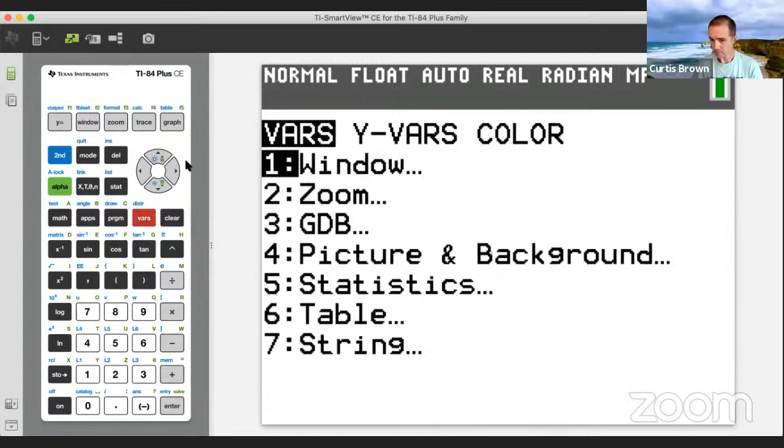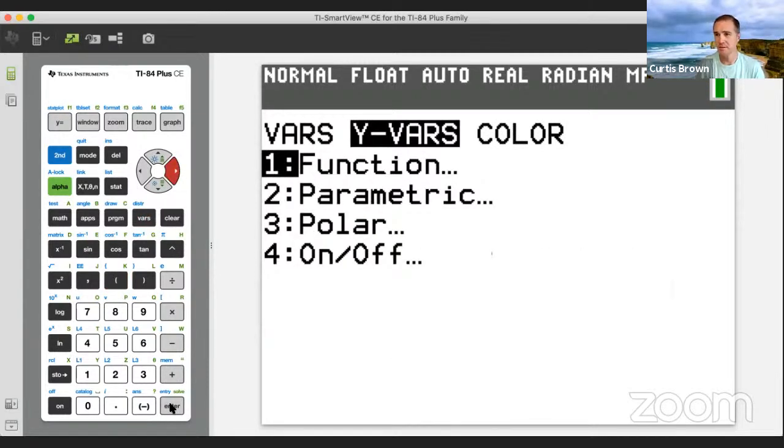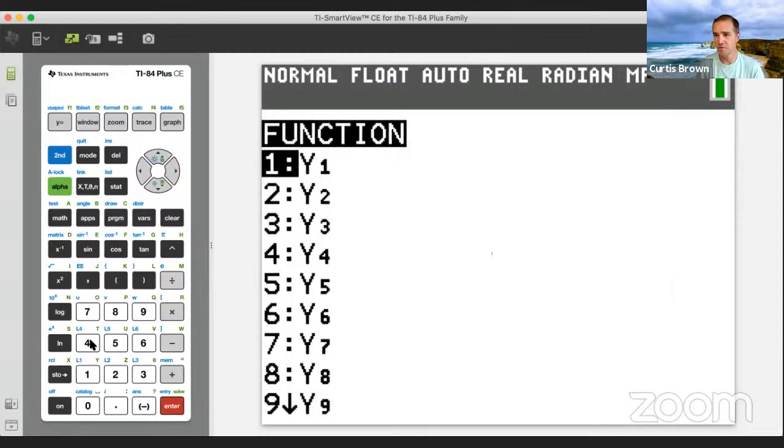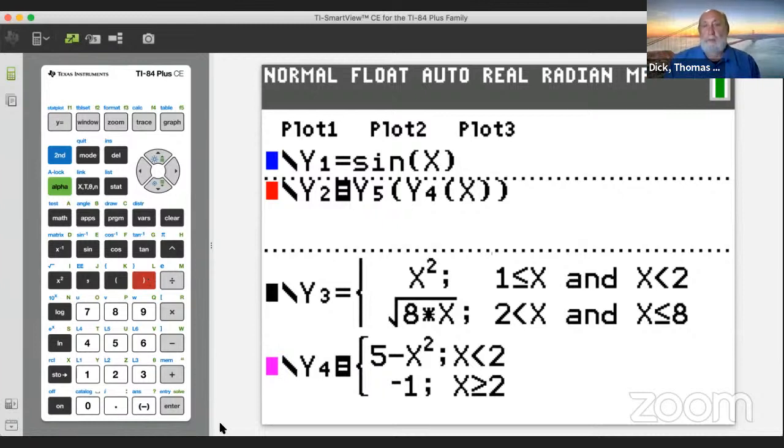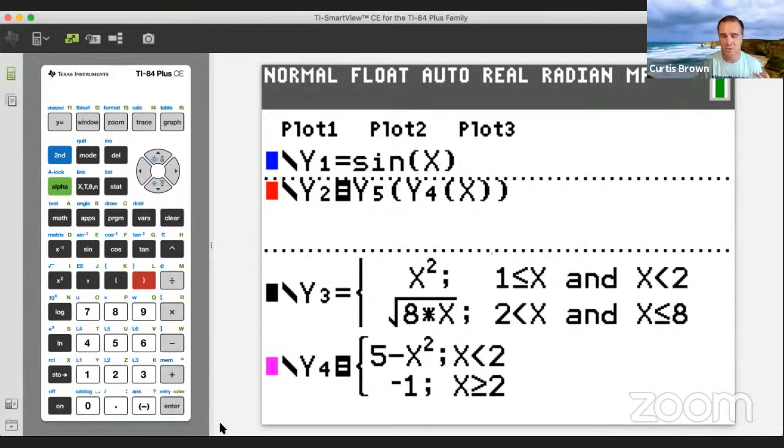Y4. This, Tom, is one of my favorite things about using the TI-84 Plus CE for this, because you can do compositions of functions just exactly how you might write them out somewhere else. Yes. And I just love that it's visually exactly how you would do it. And this is something you can do on all the TI-84 and 83 family calculators. It's always been a thing to be able to input 2 functions and then do compositions of them, both on the home screen and on the graph screen as well.